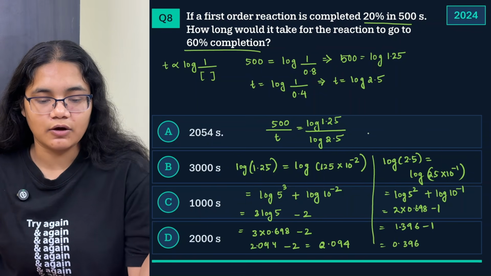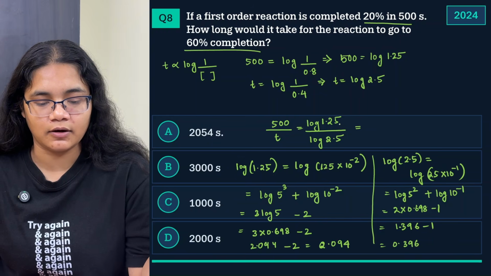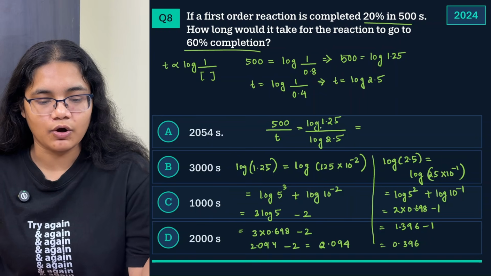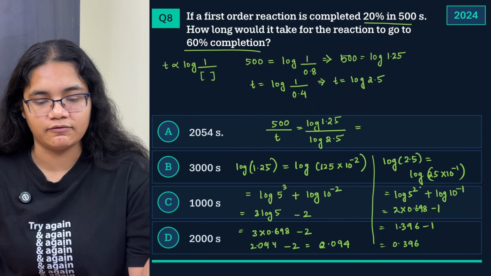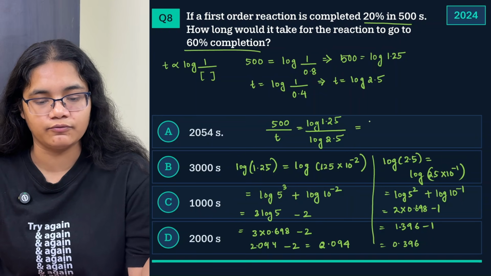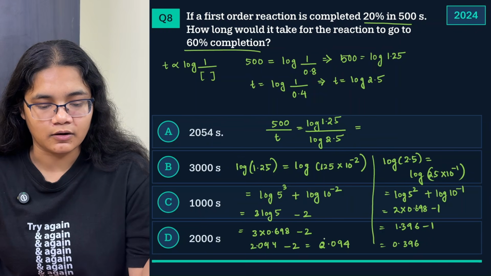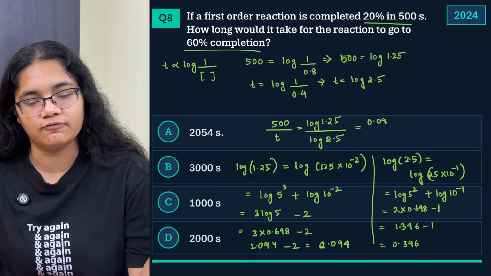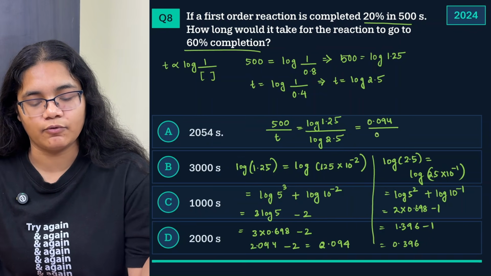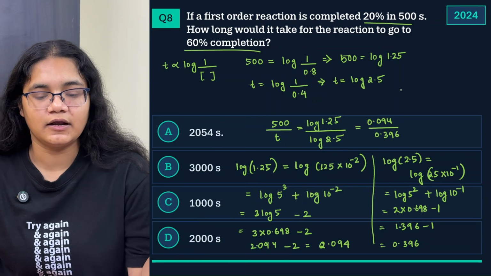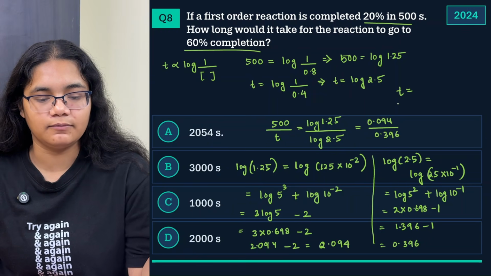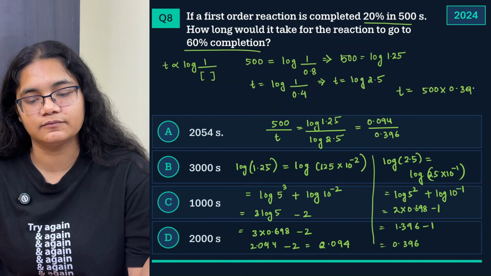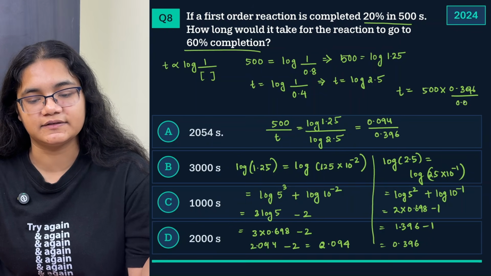So now, log of 1.25 value is around 0.094, and on this side I have 0.396. Now what is the value of time then? Time will be equal to 500 into 0.396, divided by 0.094.